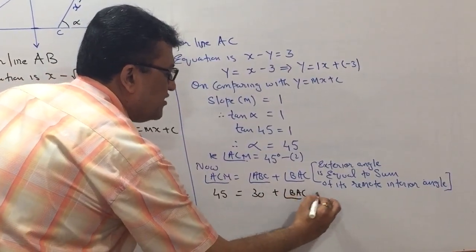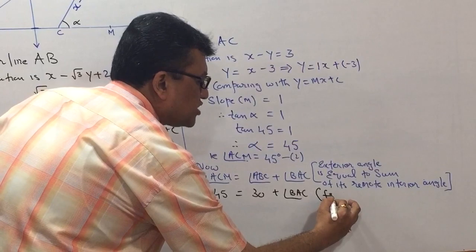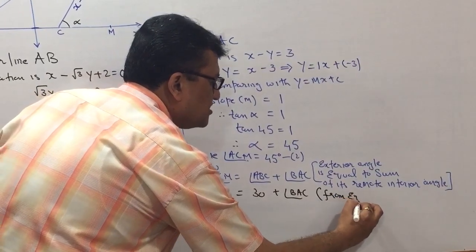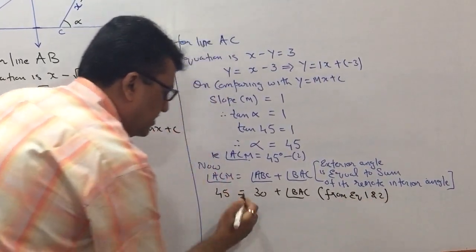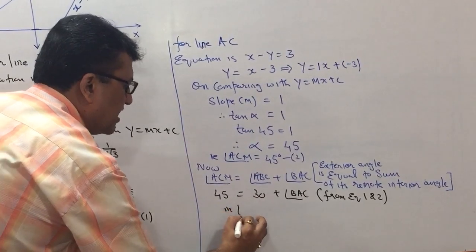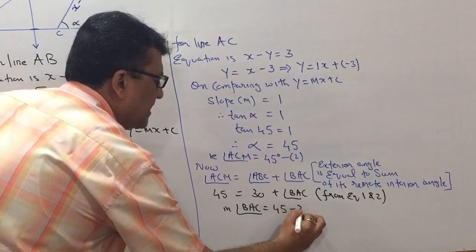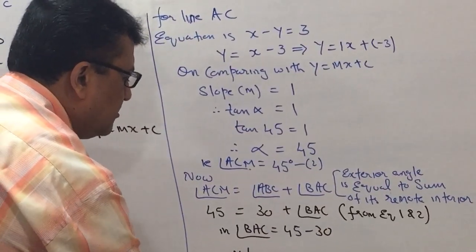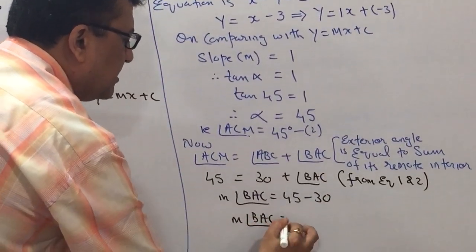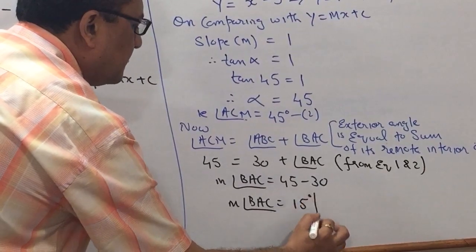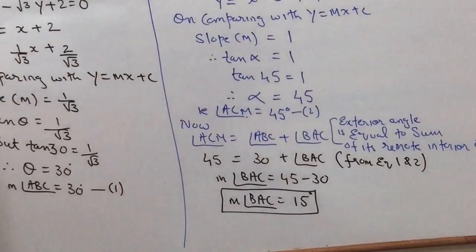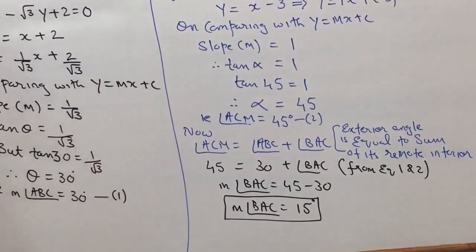From where did I get these values? From equations 1 and 2. Bring this 30 over here. Measure angle BAC is 45 minus 30. Measure angle BAC is 15 degree.